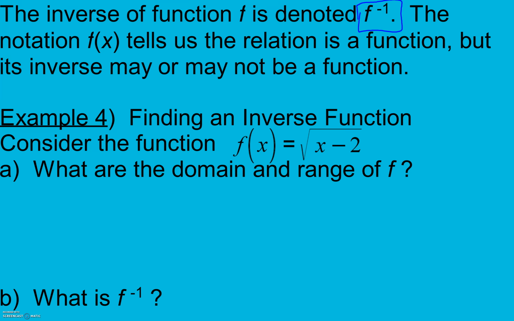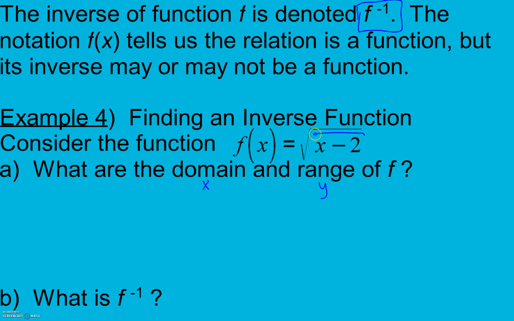We want to know our domain and our range of f. Our domain deals with our x's, our range deals with our y's. When we look here, our domain always starts off, and same with our range, as all real numbers. And then we exclude anything we can't have. Here we have a square root, and we can't take the square root of a negative number.